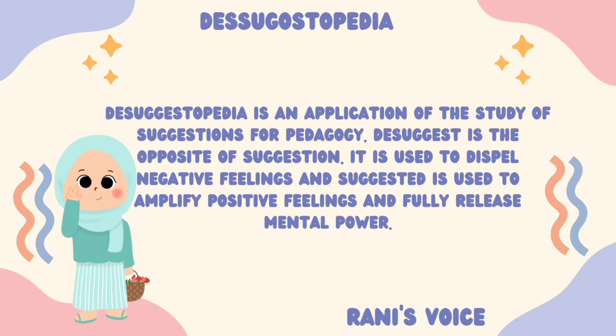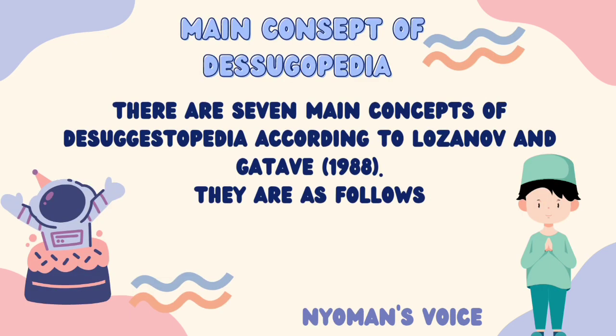Third, suggestion is a means to use mental reservoirs that are usually not used for learning. Fourth, the teacher must realize that students carry psychological barriers with them to the study situation and should try suggestion to overcome them. Fifth, if students are relaxed and confident, they don't have to put a lot of effort into learning a language. It will just come naturally and easily.